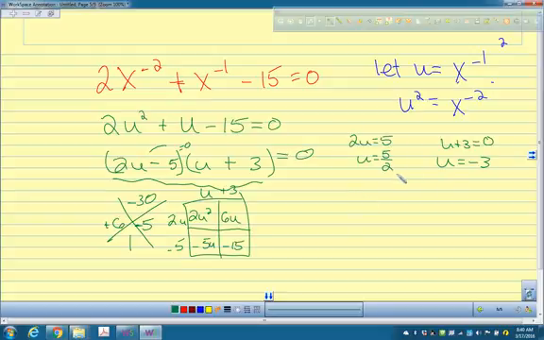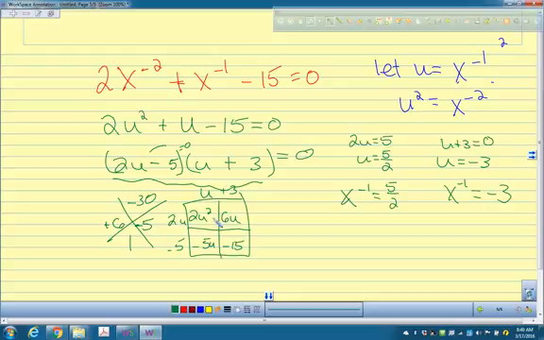And what goes here? So what did I let u be? I let u be x to the negative 1. X to the negative 1 equals 5 halves. X to the negative 1 equals negative 3. Who knows what's x if x to the negative 1 is 5 halves?